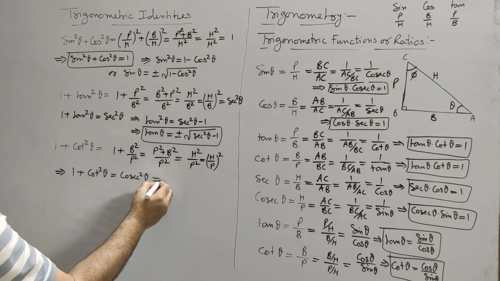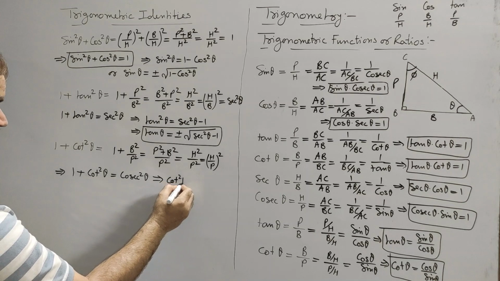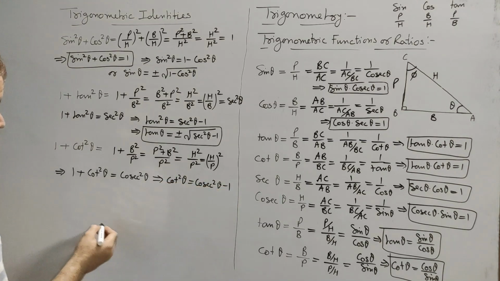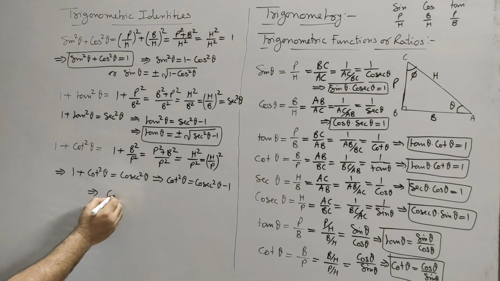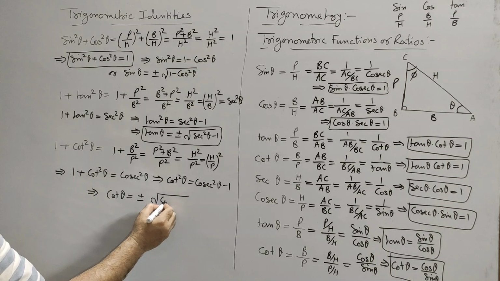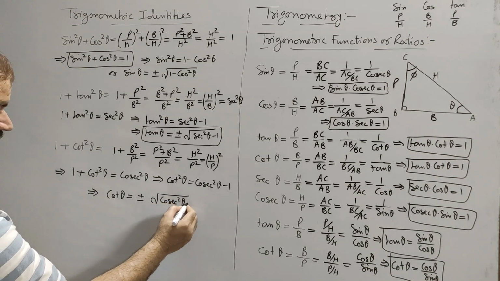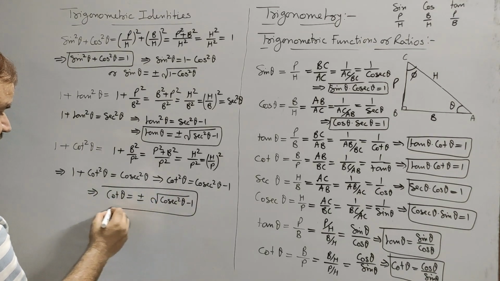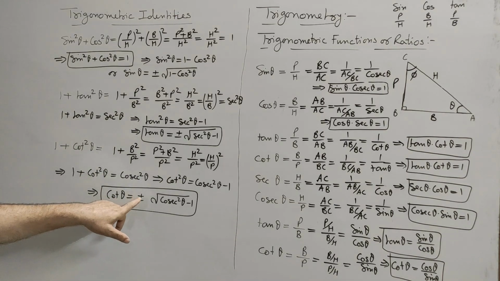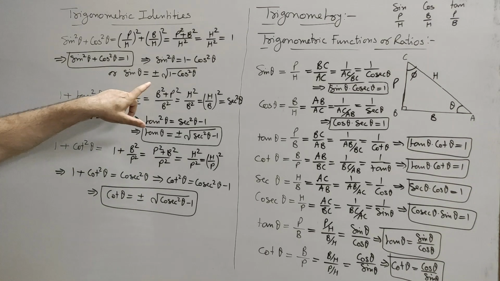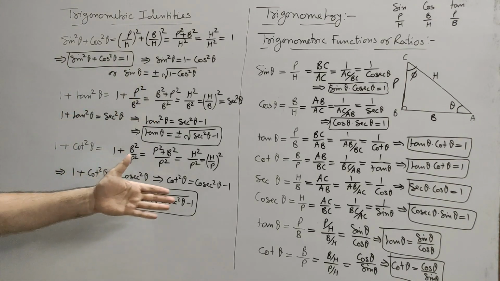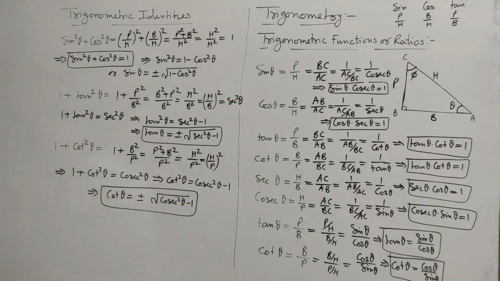And this will give cot square theta is equal to cosec square theta minus 1, or this implies cot theta is equal to plus minus under root cosec square theta minus 1. Again I am telling that up to 10th standard we will use only positive signs here. These are the trigonometric identities, these are the trigonometric ratios.